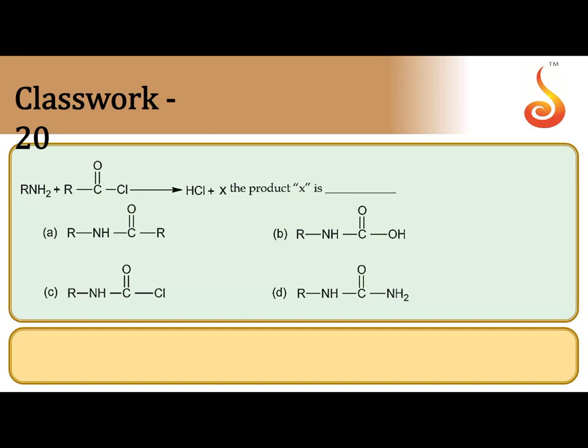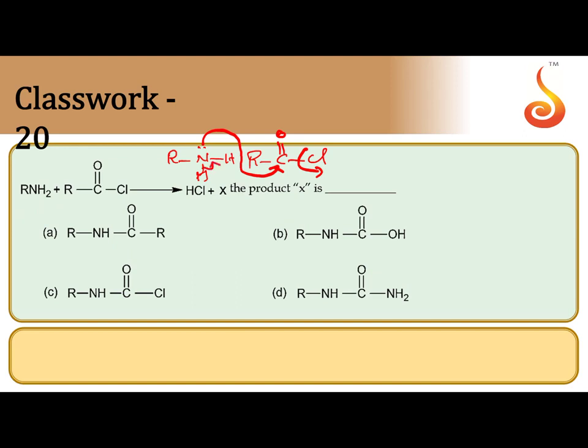Amine plus RCOCl. This is a nucleophilic acyl substitution reaction. NH2, because of the lone pair, attacks the electrophilic acyl carbon. It attacks at C, Cl minus will go.